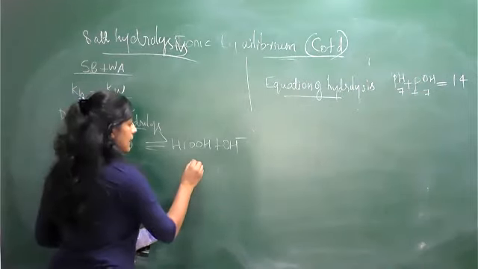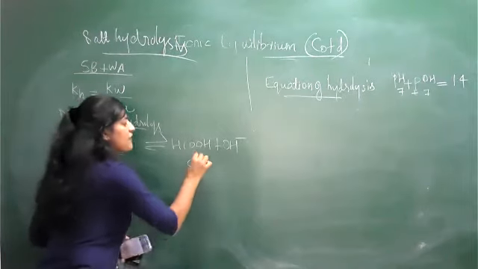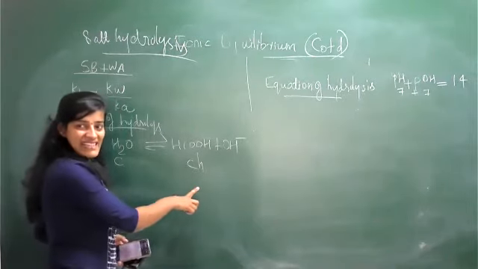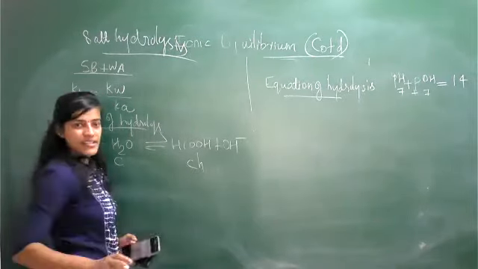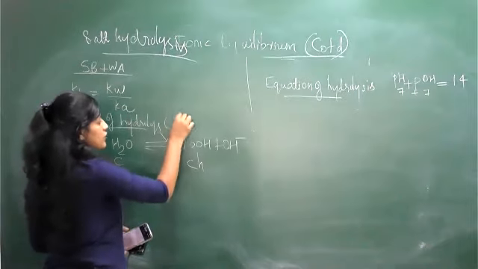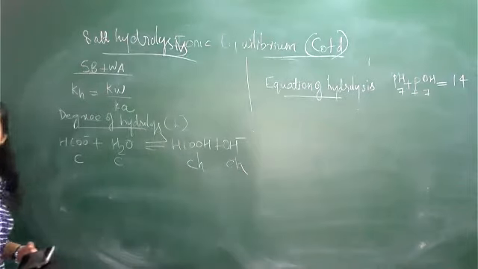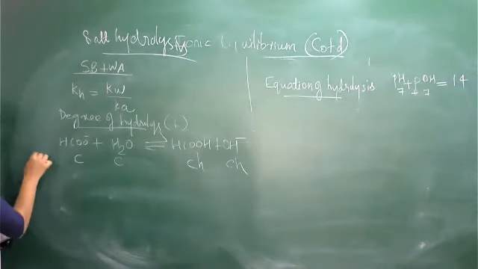Here it was C alpha last time, but here we take Ch. If h stands for the degree of dissociation of salt hydrolysis, then how much dissociation? So here Ch. That is the equilibrium condition.